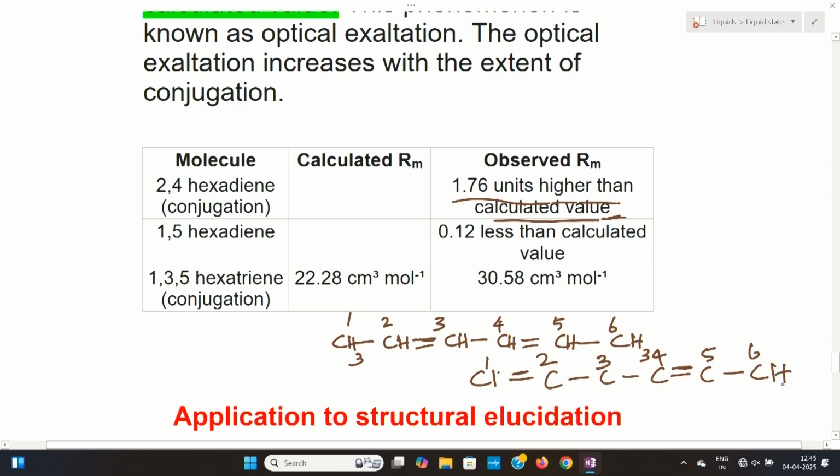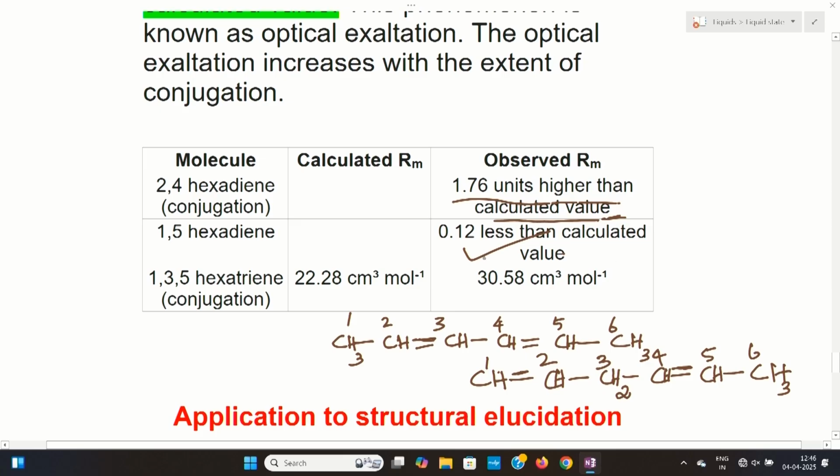Then here CH3, here one hydrogen, one hydrogen, here two hydrogens, here CH, one hydrogen, one hydrogen. This is 1,5-hexadiene. It is not a conjugated molecule. There, the observed value of Rm was 0.12 less than the calculated value.